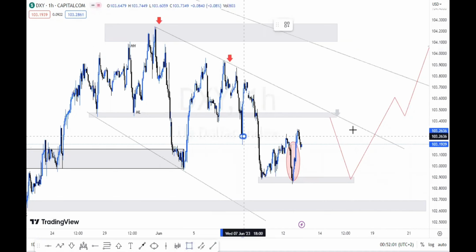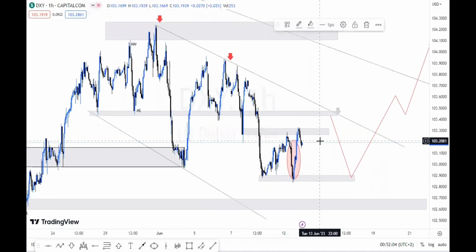I'm trying to connect the dots, but the dots are not connecting.